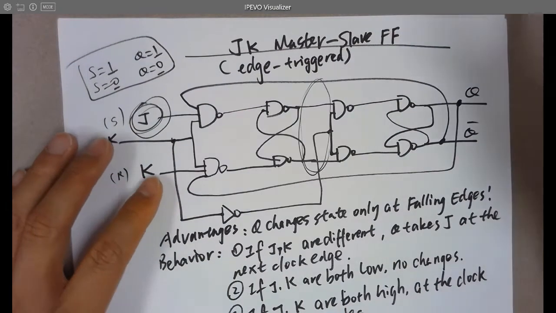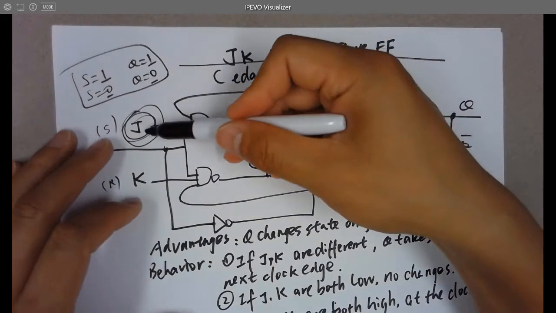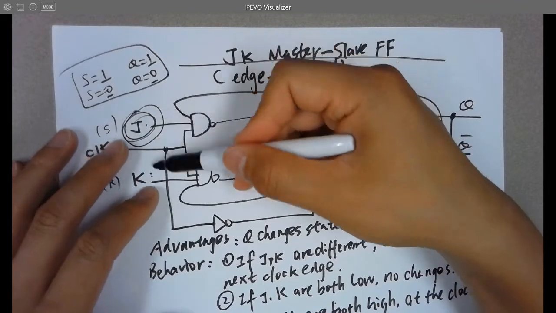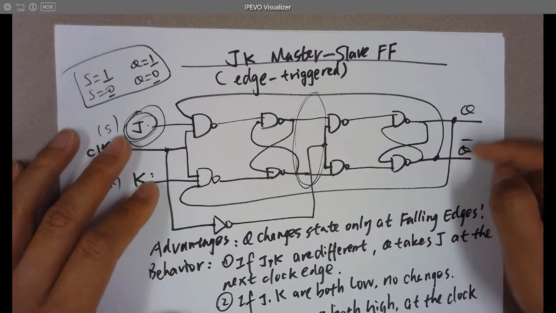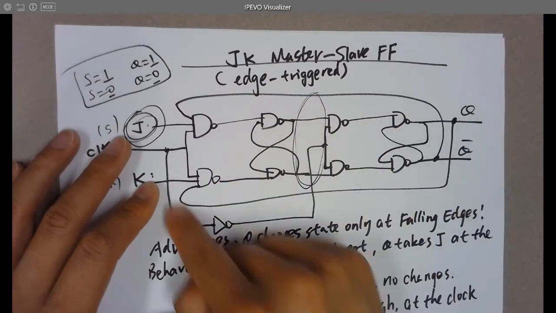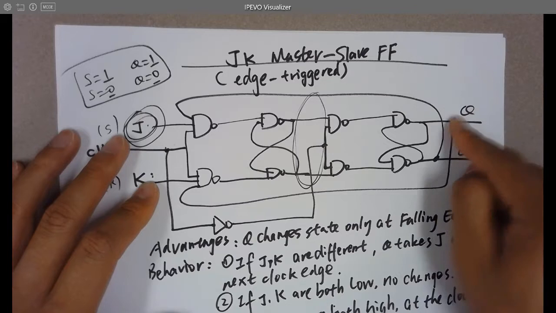So every time at the clock edge, for example, if you have J and K to be 1, 1, but previously Q and Q bar are different, it's 1, 0. So 0 will be delivered to here, 1 will be delivered to here, and then you have 1 here.